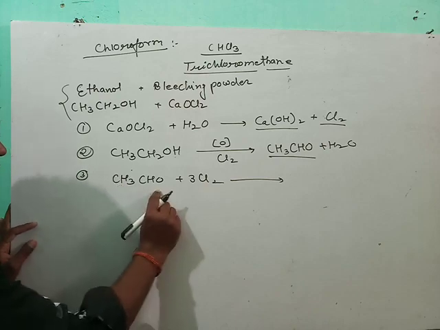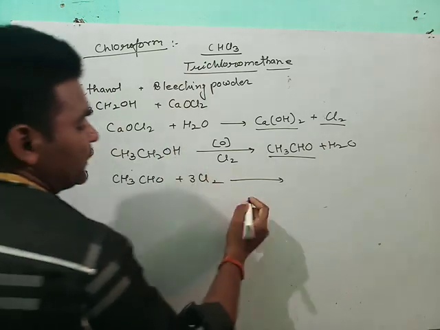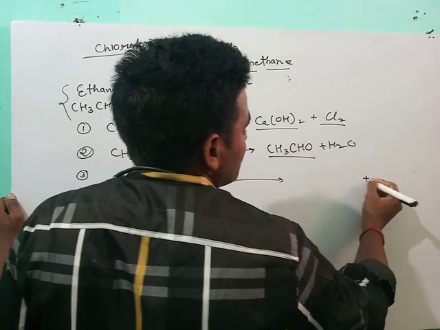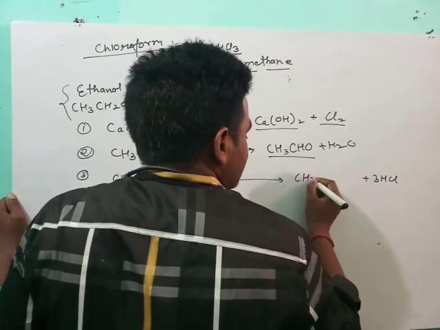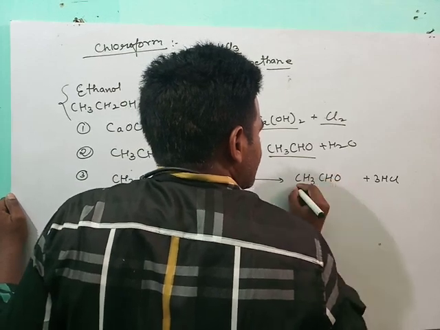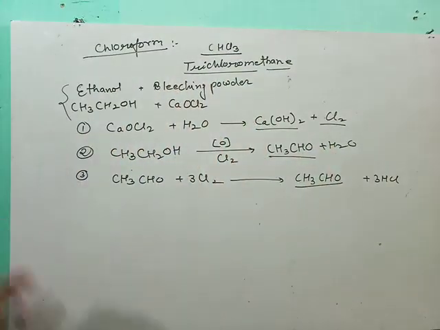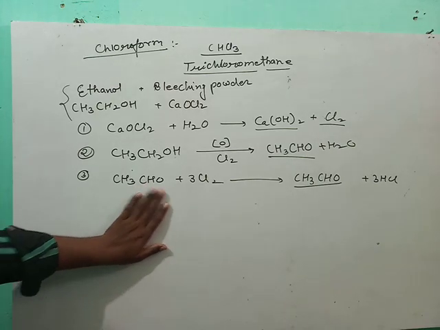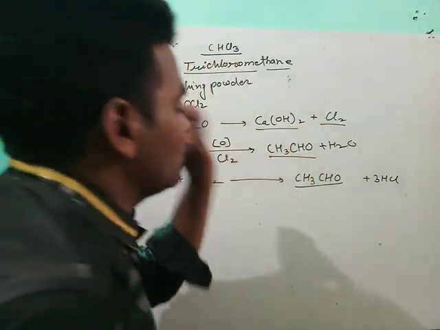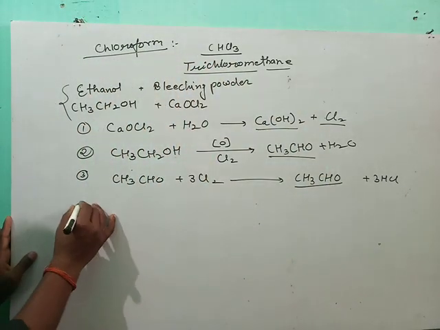Then acetaldehyde reacts with chlorine and removal of 3 molecules of HCl takes place and it gives CCl3CHO, this is chloral. Means acetaldehyde reacts with chlorine and forms chloral.